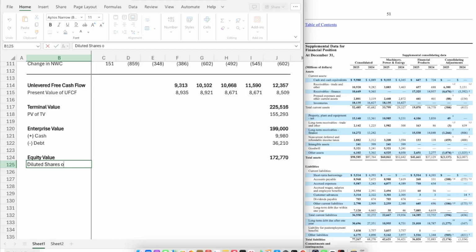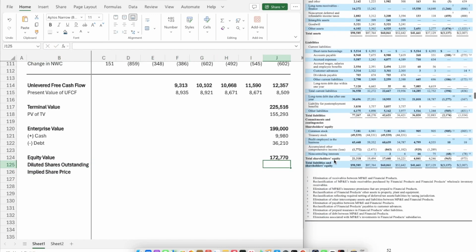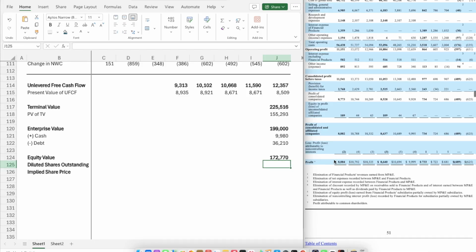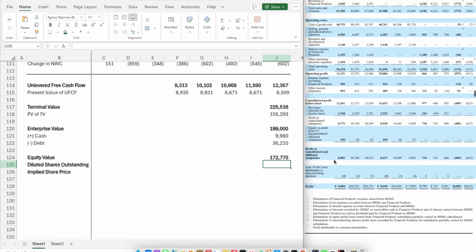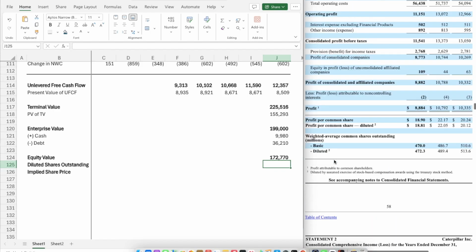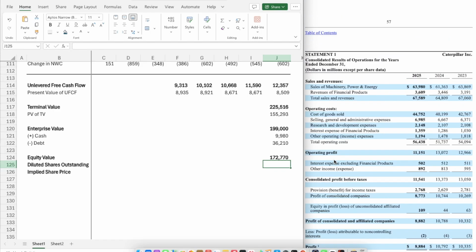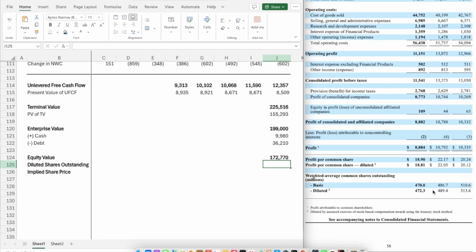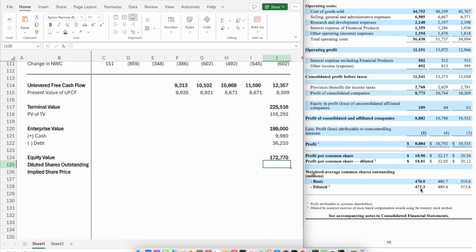We then find the diluted shares outstanding, which will lead to our implied share price. 472.3.